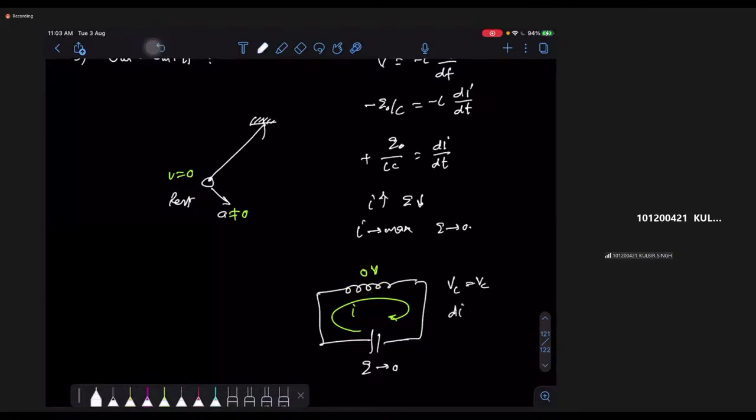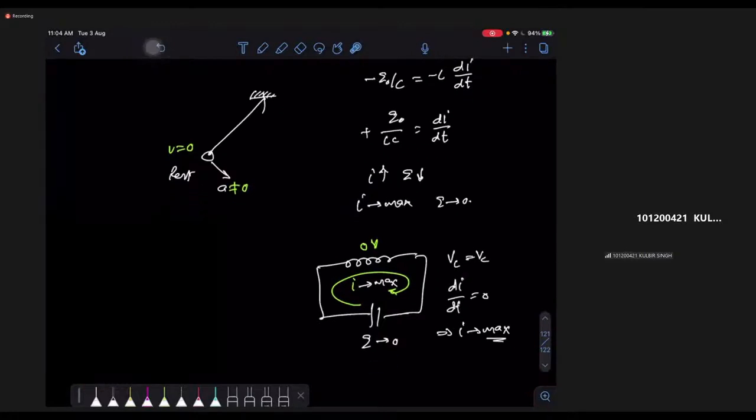So that gives me di by dt equals 0. And that implies your derivative 0 means the function is at maximum. So current reaches its maximum value here. So when the charge goes to 0, current reaches its maximum value.